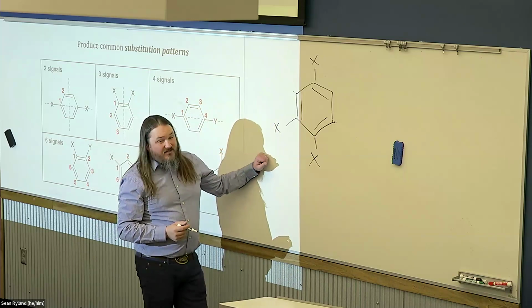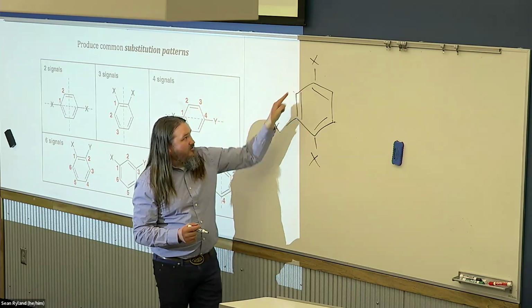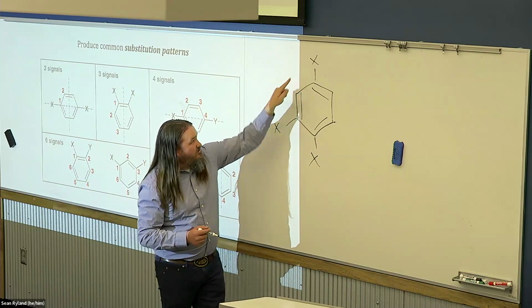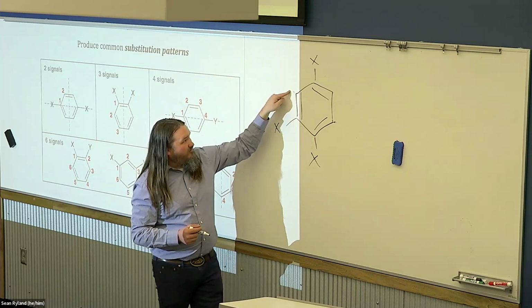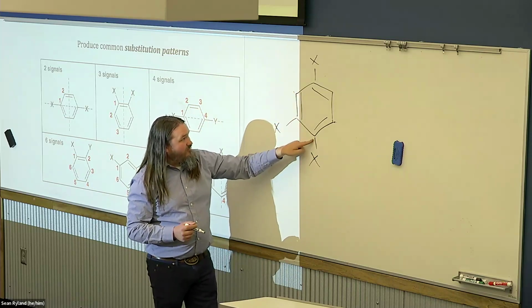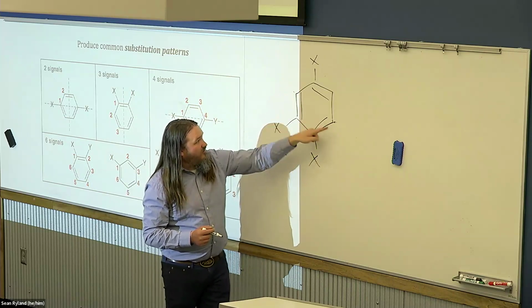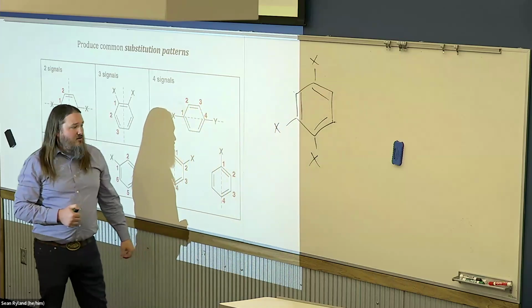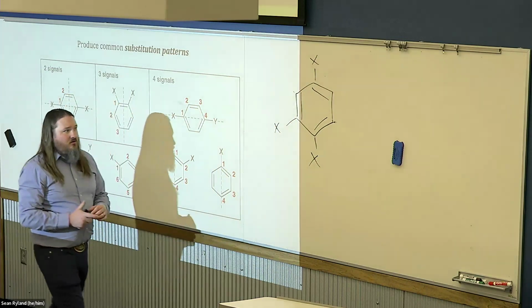Or I think 6, 6, because this carbon is adjacent to an X and meta to an X. This carbon is adjacent to 2 X's and meta to 1 X. So those are going to show up differently. Those 2 are going to be different from each other. That's different than that one. And that one. So I think you get 6. So there's a lot of ways you can get 6 signals when you start having tri-substituted.